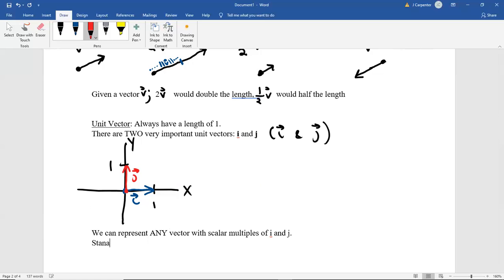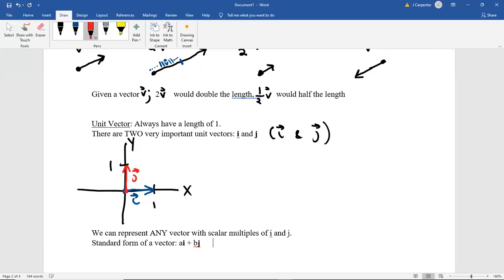Where we have a standard form of a vector being ai plus bj. And I am bolding the i's and j's. Again, if you don't bold it, I'm not going to count it wrong for i's and j's, but they really should be.